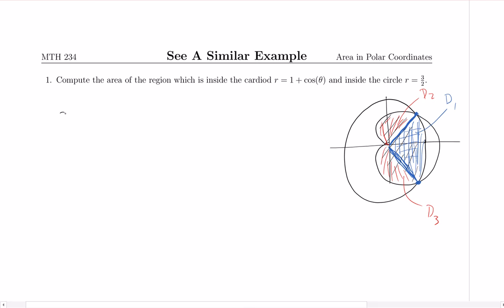Then the area of the whole thing will be the sum of the areas of the 3 pieces. And remember, to compute the area of a region, you just integrate 1.